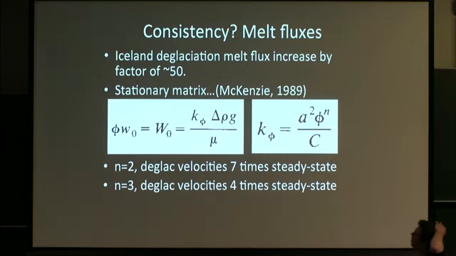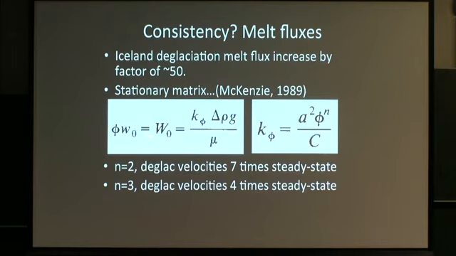Another option is to think about the melt fluxes. Clearly, when we take the ice from Iceland, we increase the mantle melting rate by maybe a factor of 50. So we're going to change the flux, and the flux is going to be related to the porosity and the upwelling velocity of the melt, depending on how these two are coupled together.